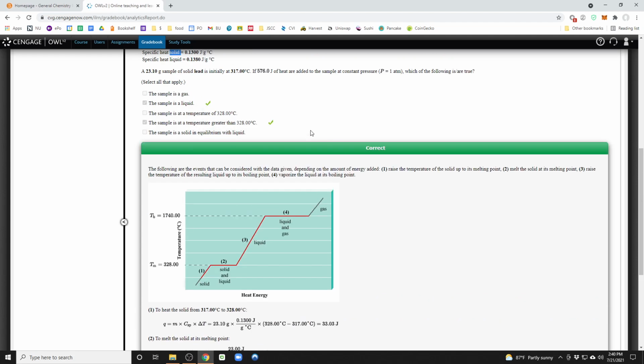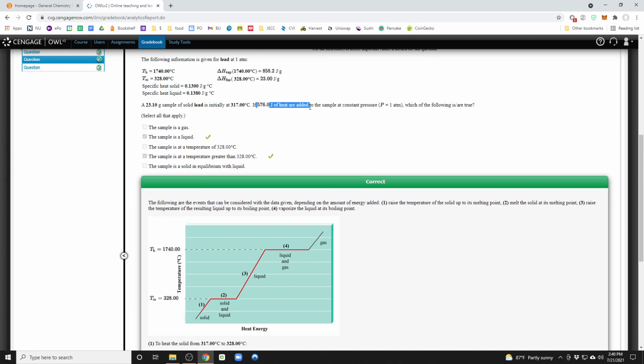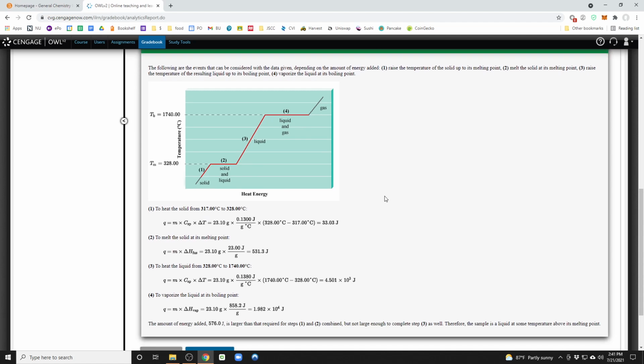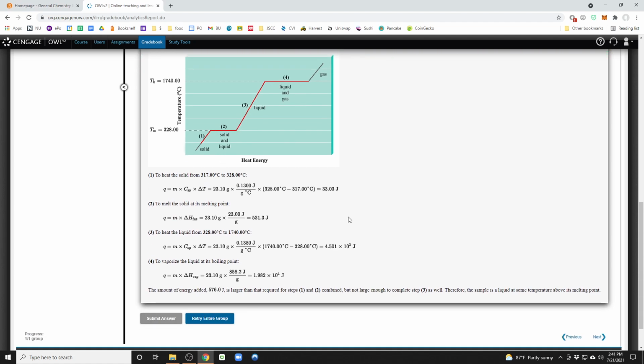Notice that number is quite a bit smaller than what's been put in, so we're definitely past that region. The next thing is to see if we manage to go completely from solid to liquid. Did we melt it?